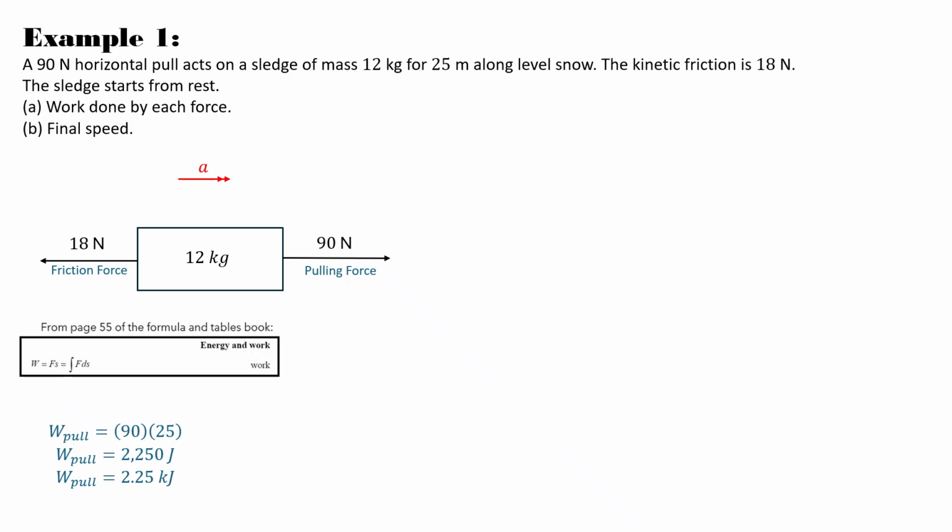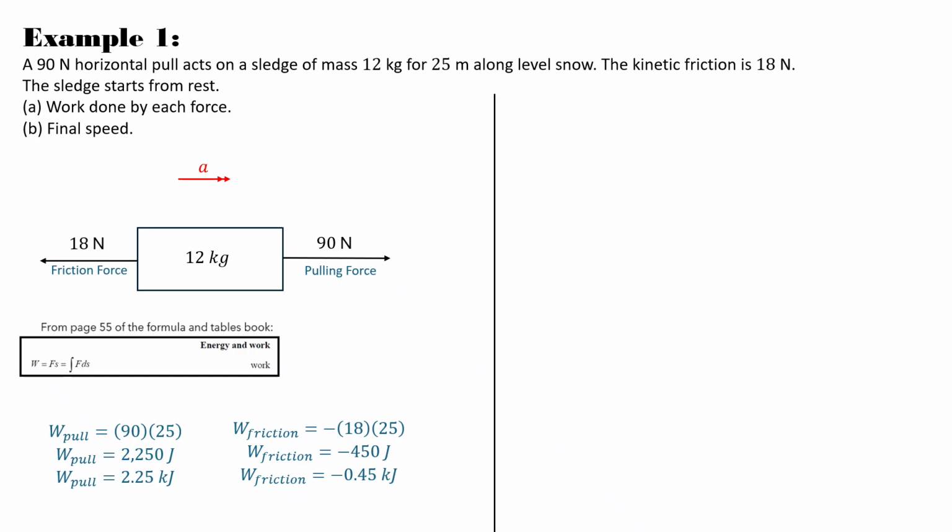Kilo just means 1,000. Then for the friction force, this work is going to be negative. It's taking energy out of the system. So that's minus 18 by 25, which gives us minus 450 joules or minus 0.45 kilojoules. They were asking for the work done by each force, so we worked those individually.